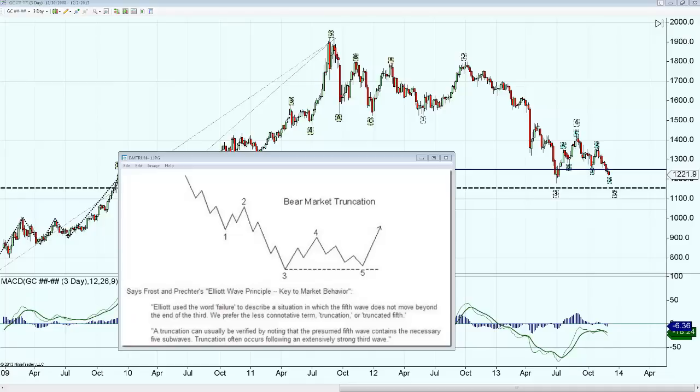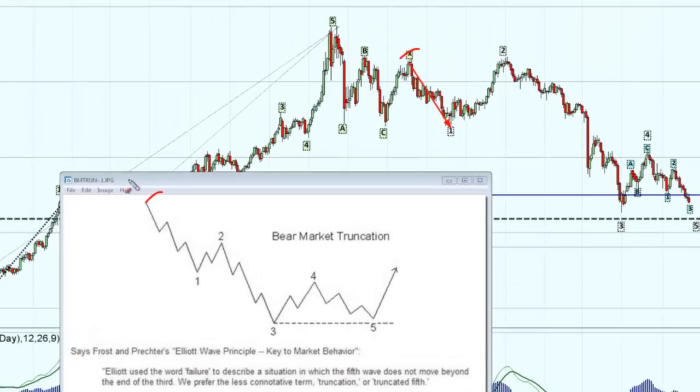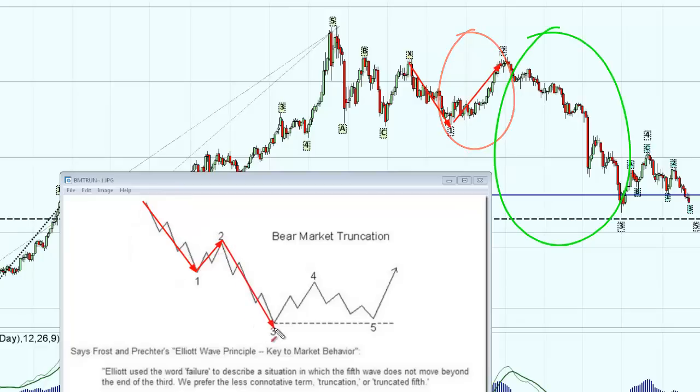So in essence, this is what we would be looking at. We have, of course, our wave 1 here, and that corresponds on this chart to wave 1. Wave 2, you get a long wave 3. That's one of the characteristics of a truncated fifth wave, is it typically happens when you have an extremely strong third wave, which we absolutely had.